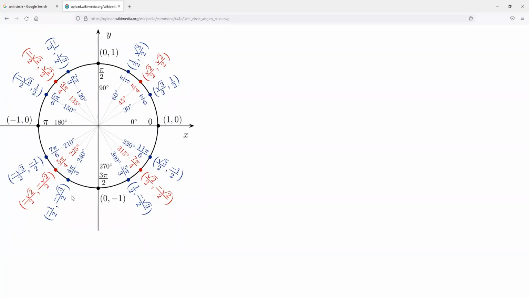So the sine of 240 is this negative y value. If I were to use the reference angle, which is a distance of 60 degrees, I would have to keep it negative because sine of 60 is a positive root 3 over 2. That makes sense? So this is where we're going with this.